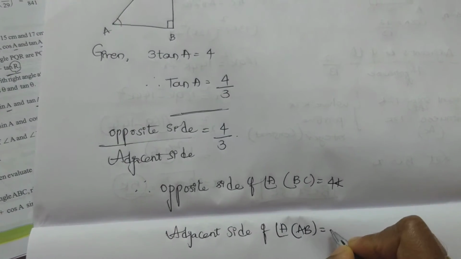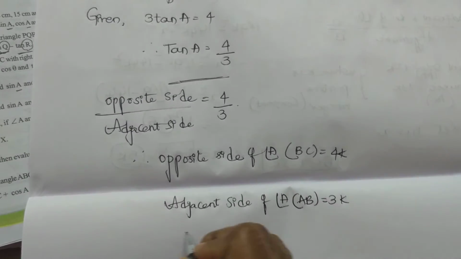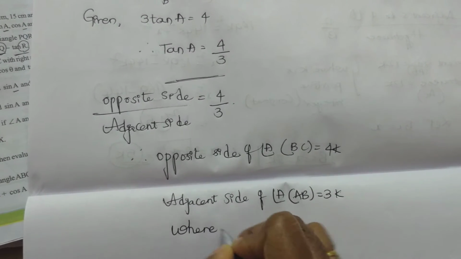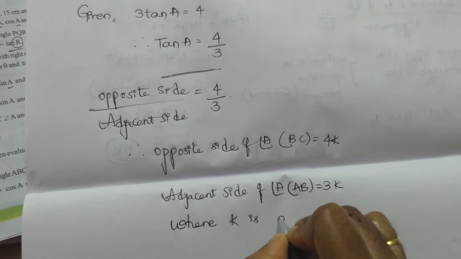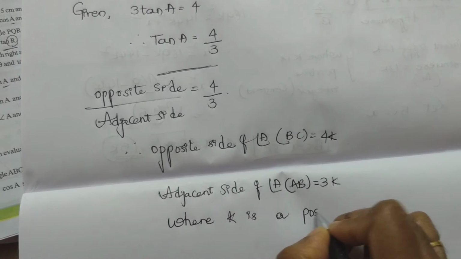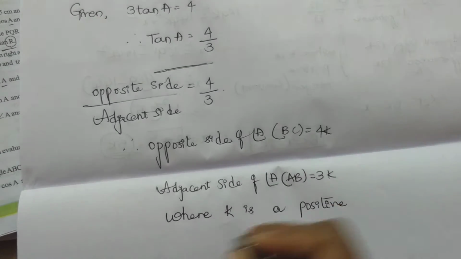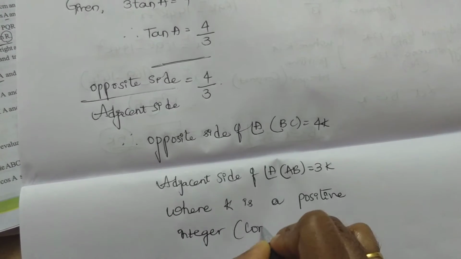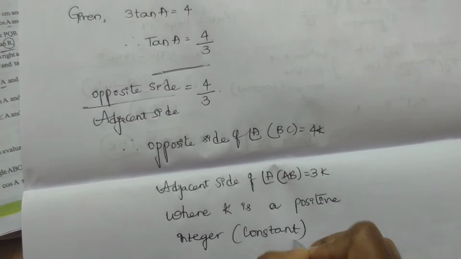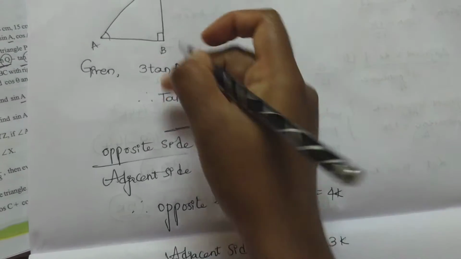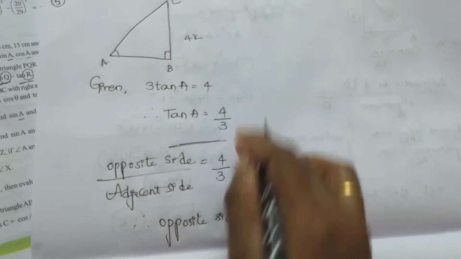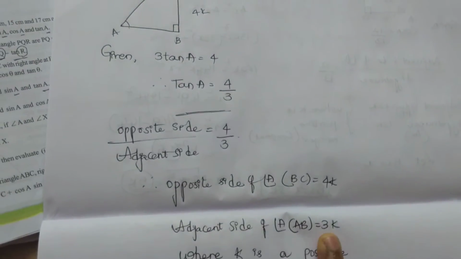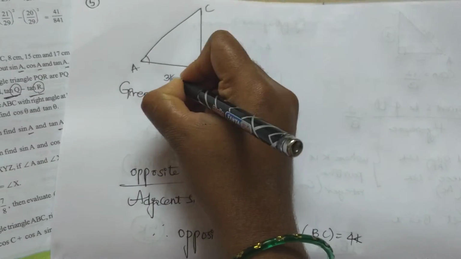AB equals 3K, where K is a positive integer, write in brackets, it is a constant. So you got opposite side BC value as 4K and adjacent side AB value as 3K.